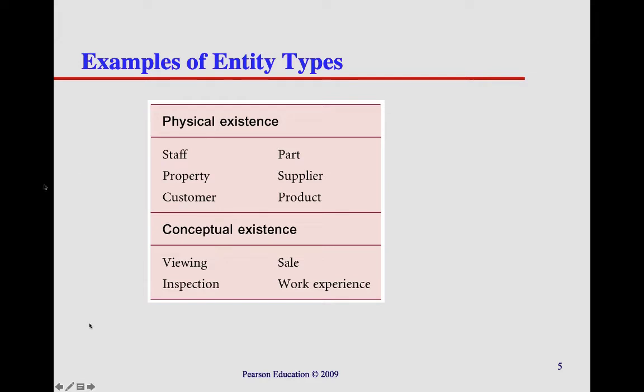Same thing. We may have an inspection. A person inspects a workplace or a branch. Again, inspection will probably end up as a relation, but just because something is a relation doesn't mean that it is an entity. So I tend to make a distinction between something that in some sense has a physical independent existence and something that depends on the existence of other entities.